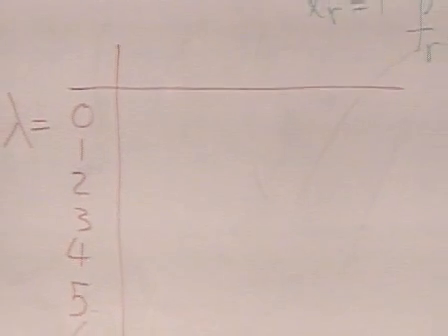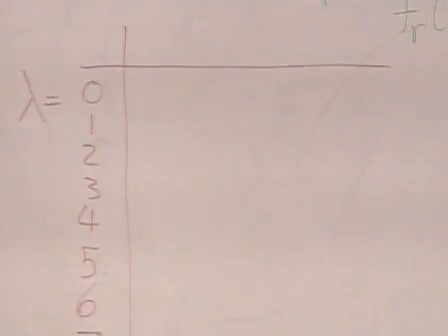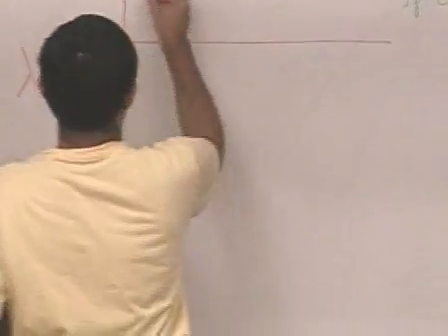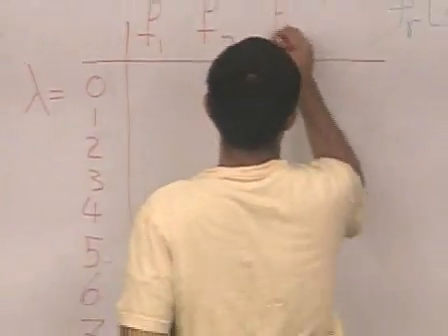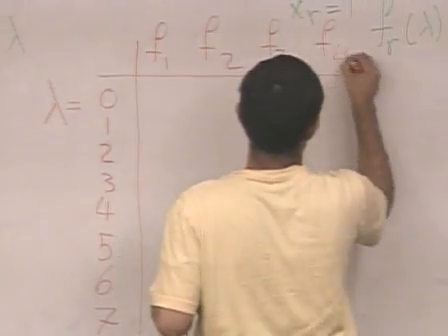People in the back, can you see this one? Okay, good. F1, F2, F3, F4.